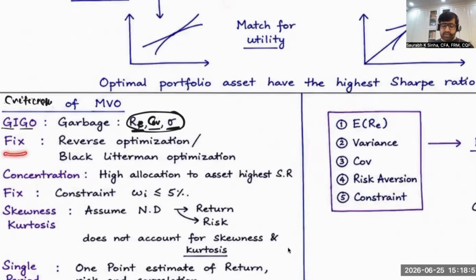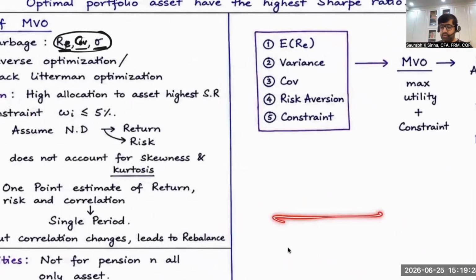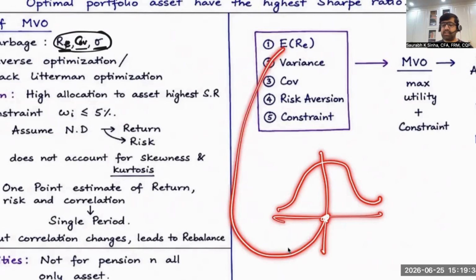That's it. The second biggest problem of mean variance optimization is that it assumes normal distribution. First of all, it assumes normal distribution and it takes a point estimate. Point estimate means that I'm giving you only one value of the return of one asset, not multiple possible returns for different probabilities.